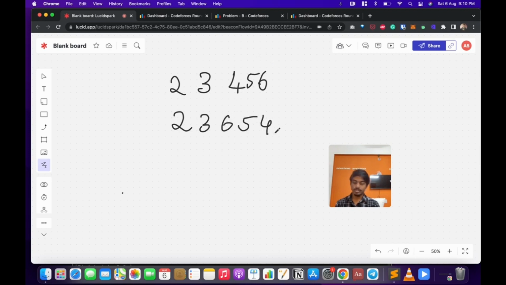This is acceptable. 645 is not acceptable because 4 will go down. So both of them should be sorted in some way. That's what I think.